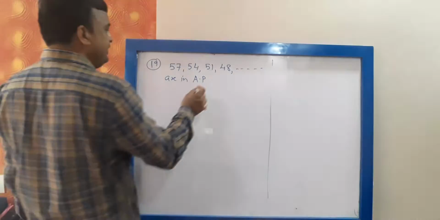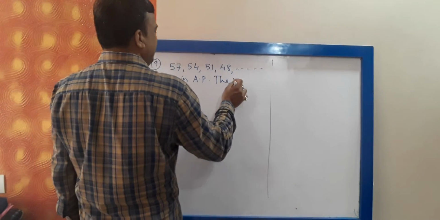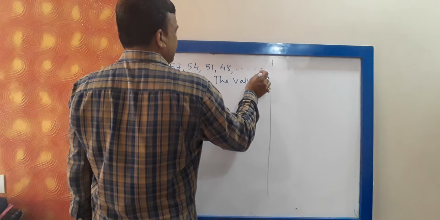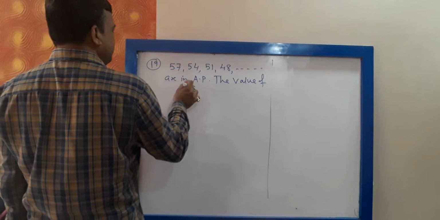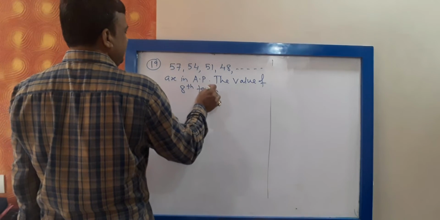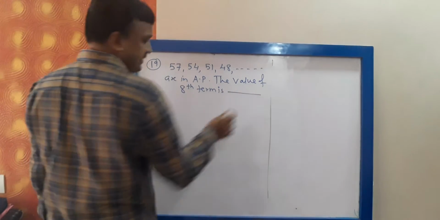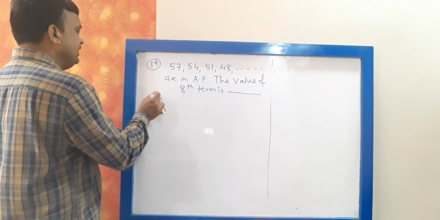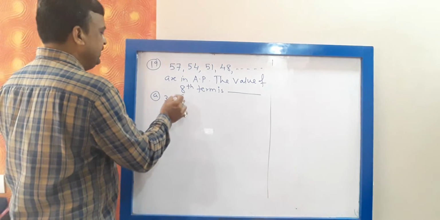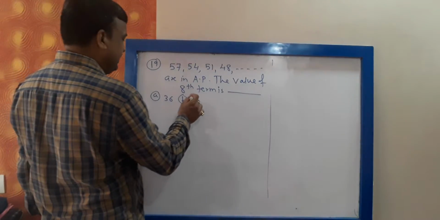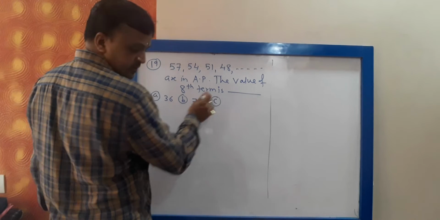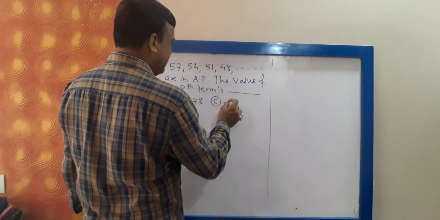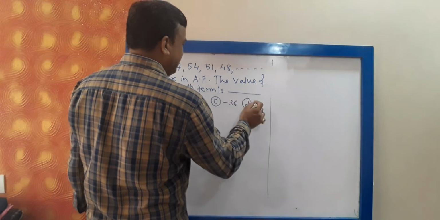The value of 8th term is: option A, 36; B, 78; C, minus 36; D, minus 78.